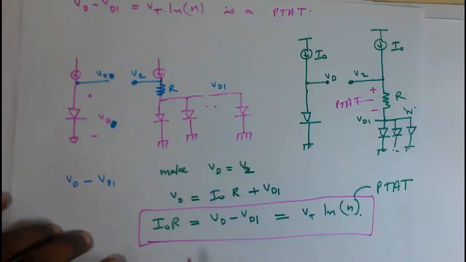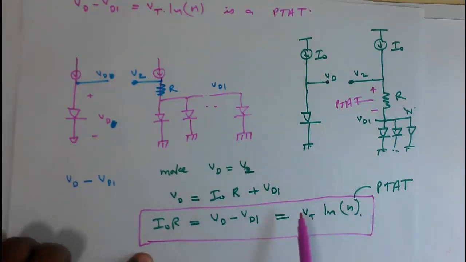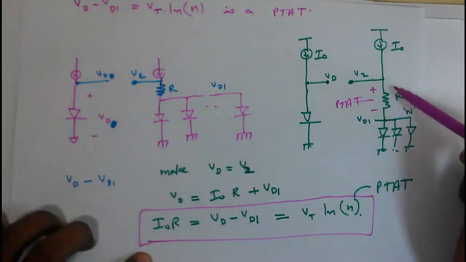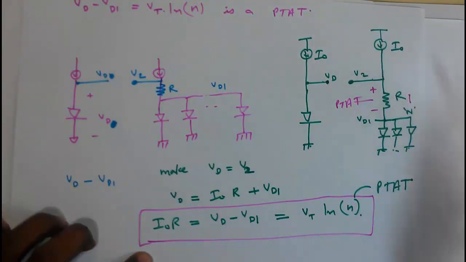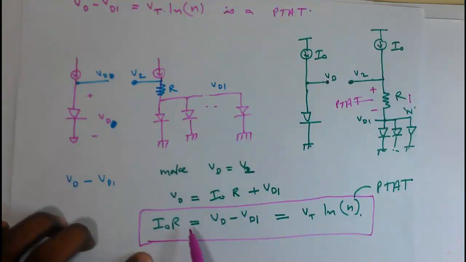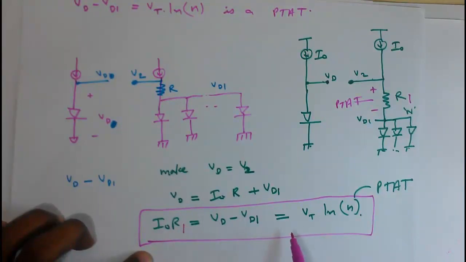In one of our previous slides, when we derived the expression for voltage across this resistor R, and later we called it R1, we found the expression I0 into R1 equal to Vd minus Vd1, that is equal to Vt into ln n.